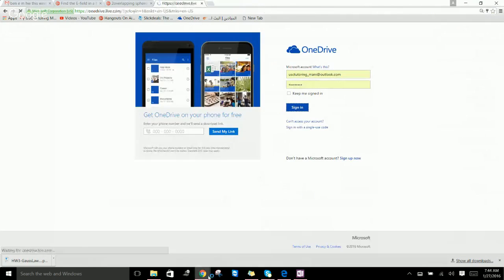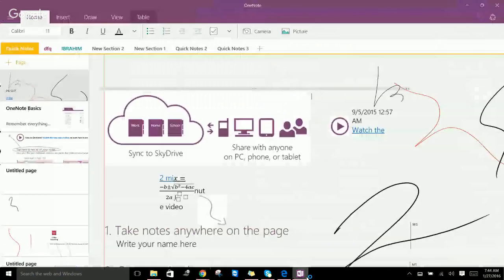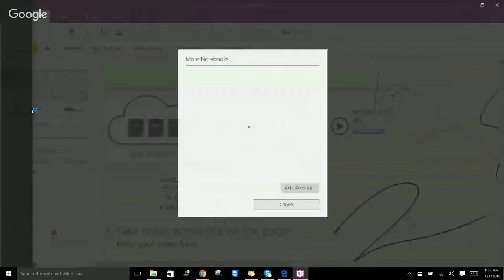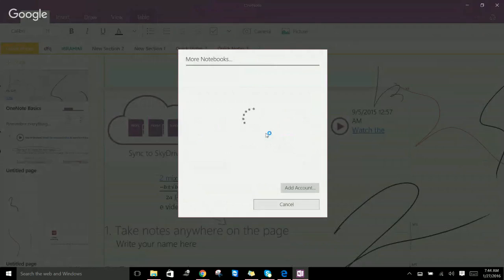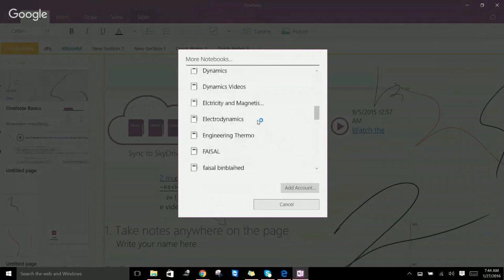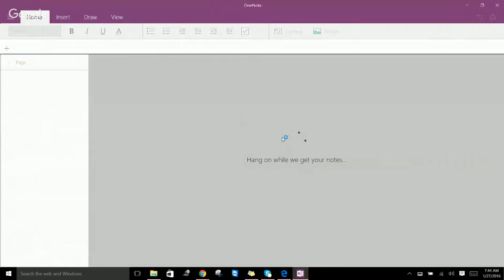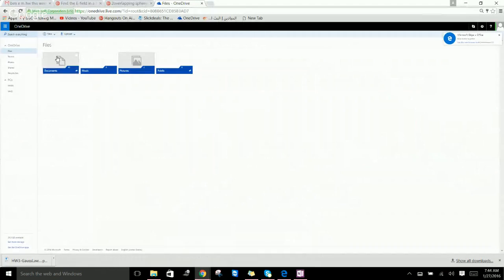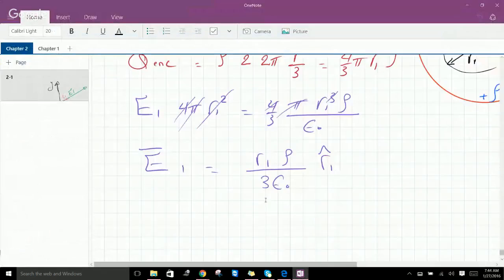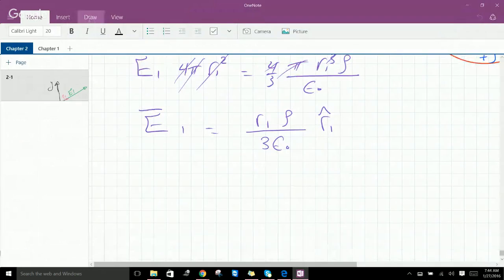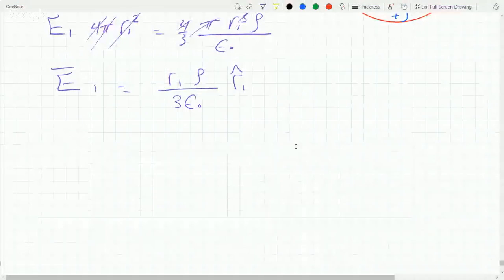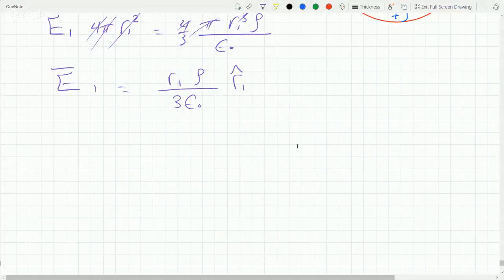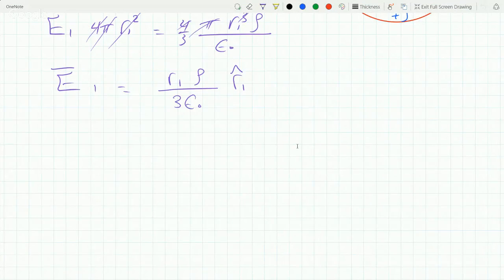Get back to the pad in a second. Okay, I'm hoping that what I wrote syncs back, so I don't have to write over it. So might take a few moments for it.